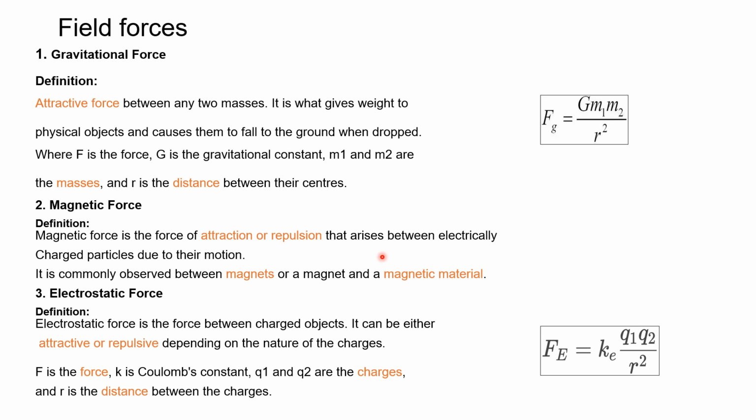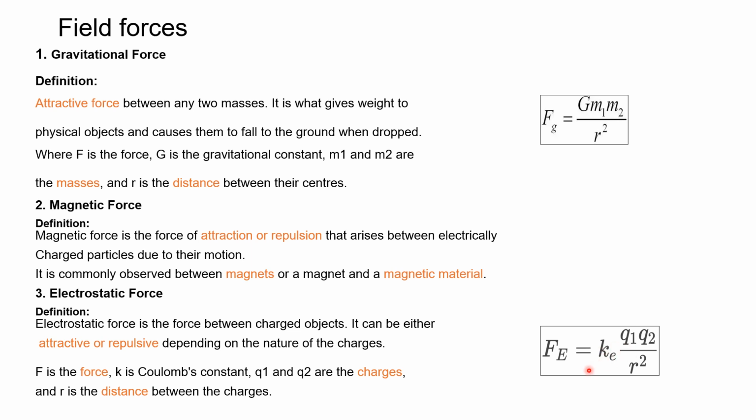And then the next thing is electrostatic force. Electrostatic force, just like the magnetic force, is also attractive and repulsive depending on the charges. We know if there are two positive charges, there will be a repulsive force. If there are two negative charges, it will be a repulsive force. But the positive and the negative attract one another. The amount of force also depends on the distance, just like with the gravitational force.